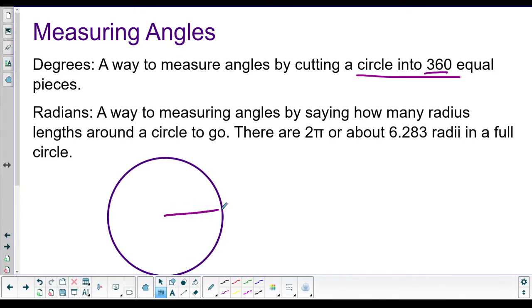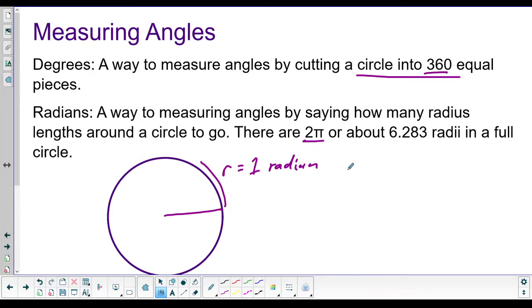And we take a radius and then wrap this thing around. What we're going to do is measure how many radii around the circle we go. One length of this radius, however long it is, equals 1 radian. In a full circle, there are 2 pi radians, or about 6.283 radii in a full circle.